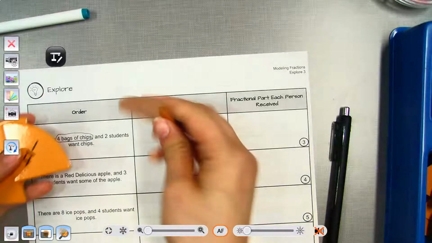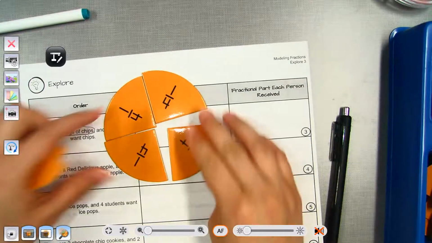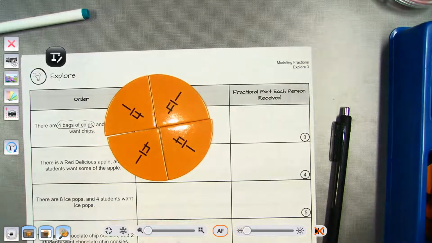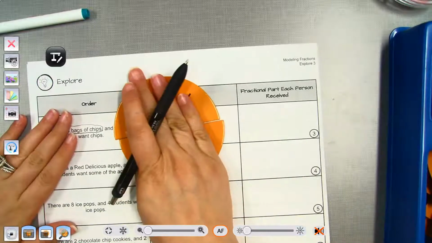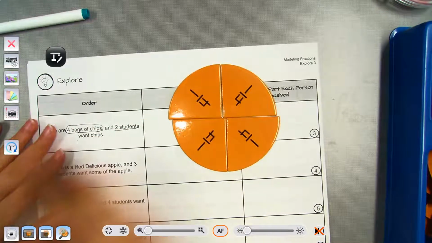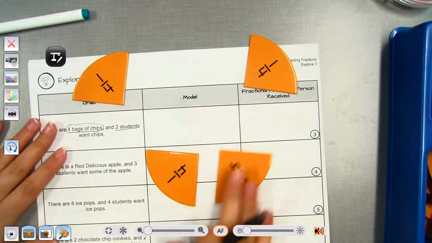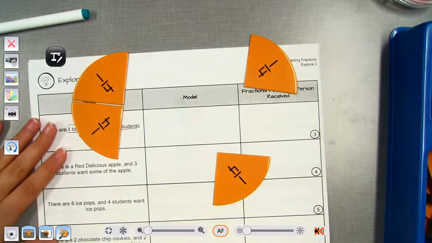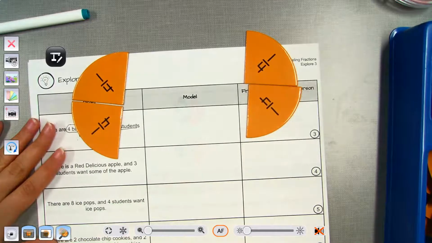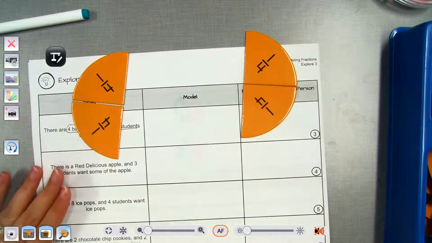These are going to be our 4 bags. 1 bag, 2 bags, 3 bags, 4 bags. And I'm going to be dividing them between 2 students. So this student gets a bag of chips. This student gets a bag of chips. This student gets a bag of chips. This student gets a bag of chips. So let's see how many bags of chips each student is going to get.